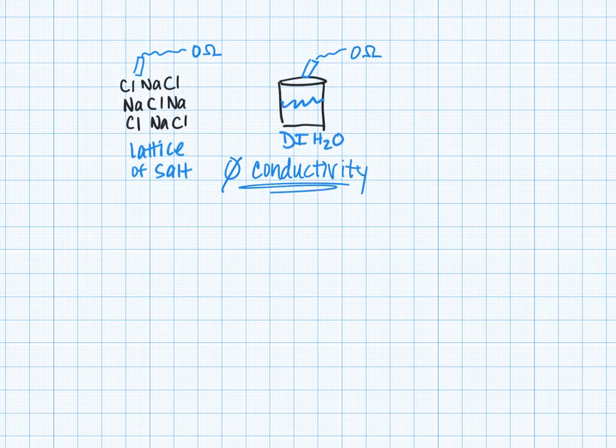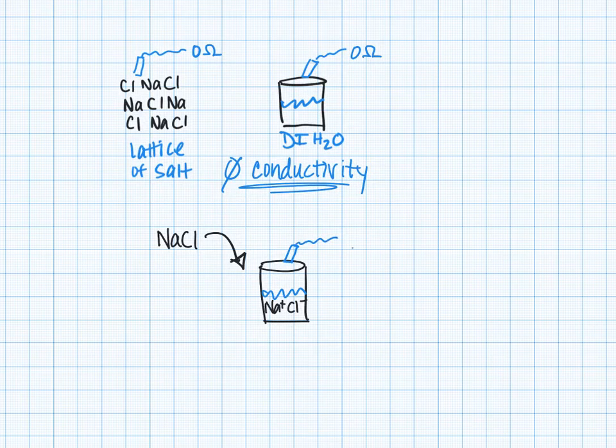There's very, very little flow of electrons through these two, but when I actually mix them, so let's say I put the sodium chloride into this water, I take my little salt shaker, I salt it into water. What I end up with is ions. Sodium ion, chloride ion. Well, this dramatically increases the conductivity. So if I were to put a conductivity probe in here, you would see a very high reading. Okay, so it can power a light bulb, right?